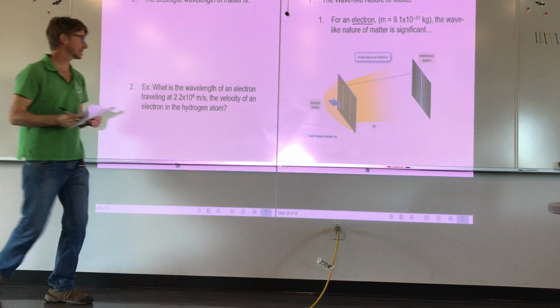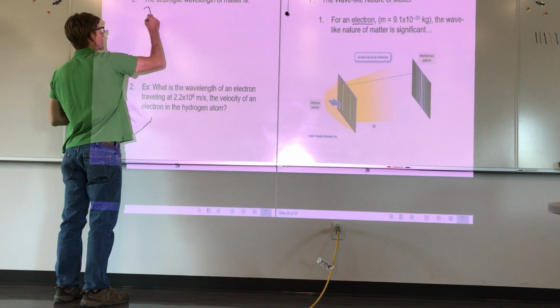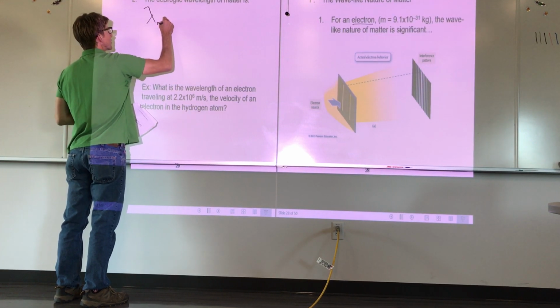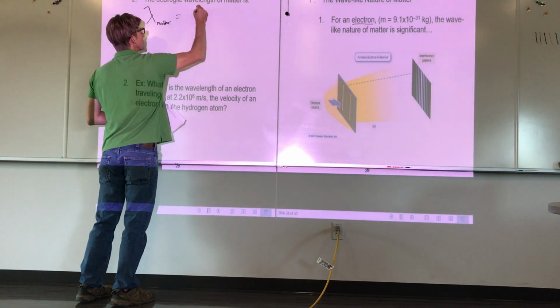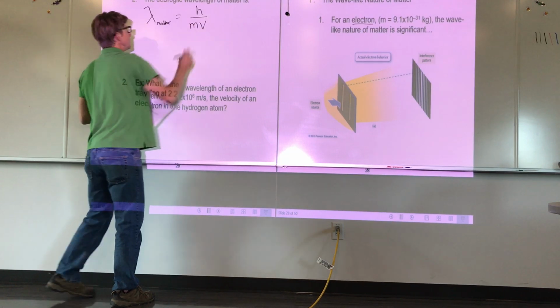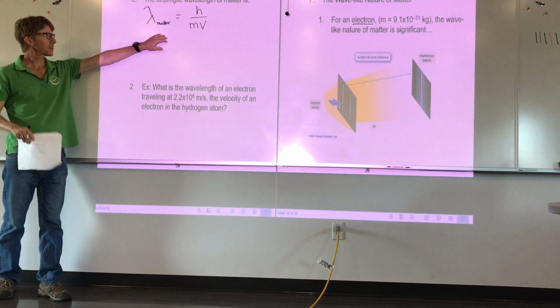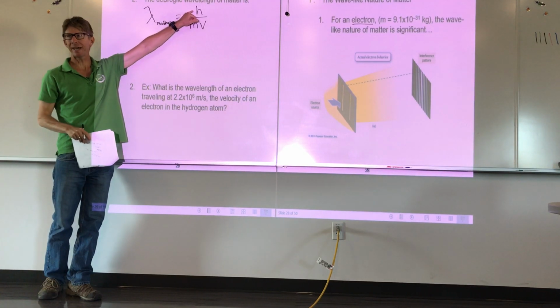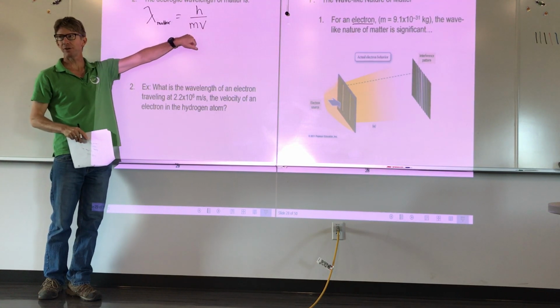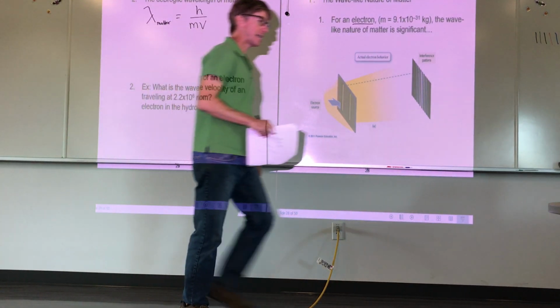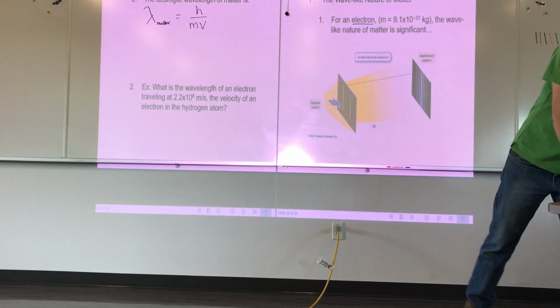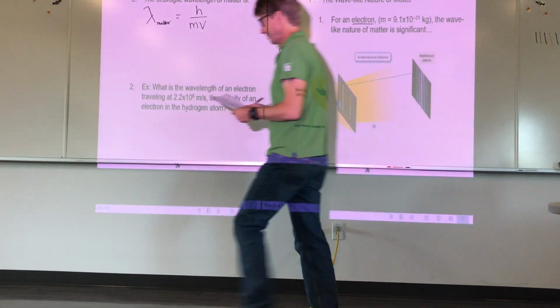It looks like this. The wavelength of any type of matter is equal to h, which is Planck's constant, over m times v, where m is mass and v is velocity.